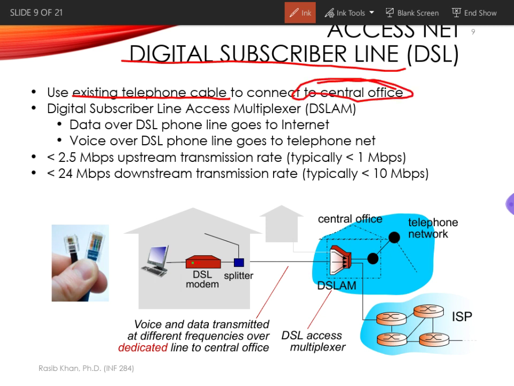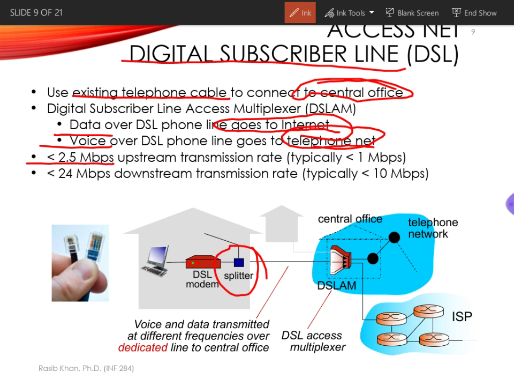Data over the DSL phone line goes to the internet, and voice over the same line goes to the telephone network. A splitter identifies what kind of signal is passing through the DSL cable, and based on that, it splits the signal stream into the internet network or the telephone network.